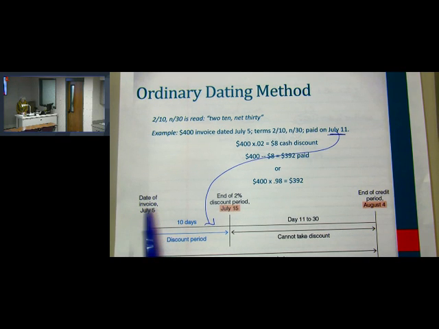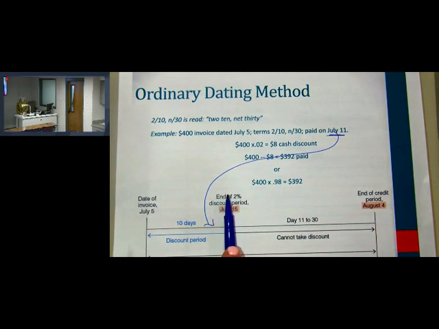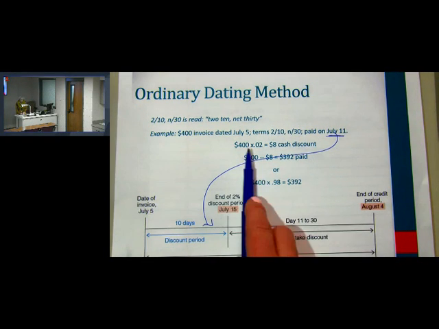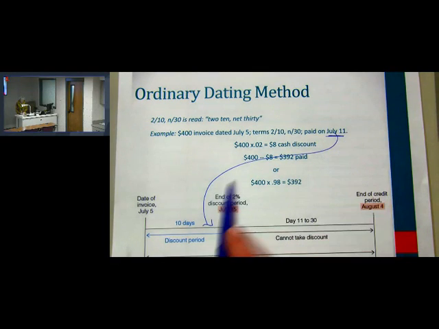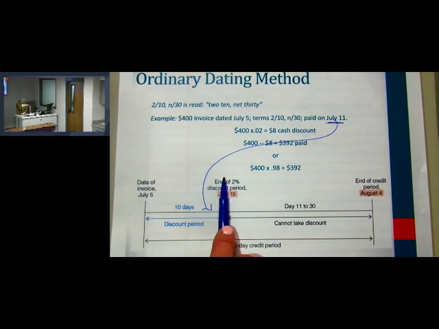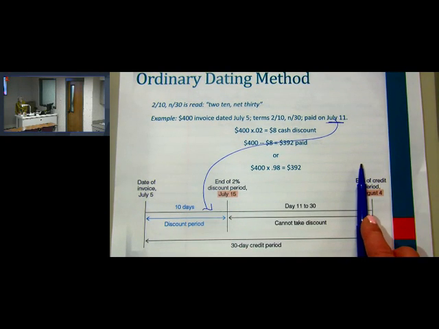The discount period will be 10 days later, hence 2/10, or July 15th, so this represents the discount period. And they make a payment on July 11th, so they sneaked it in right before the 15th. So this person is going to be able to take advantage of a 2% discount. Again, if they miss this first discount period, they have to pay the full amount, $400, before August 4th.